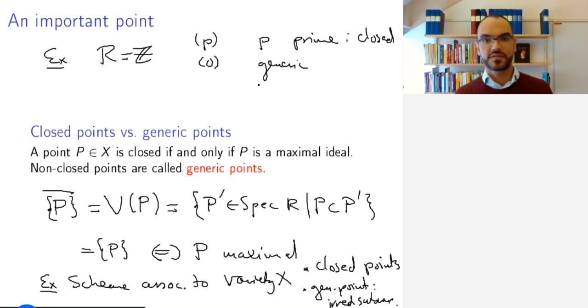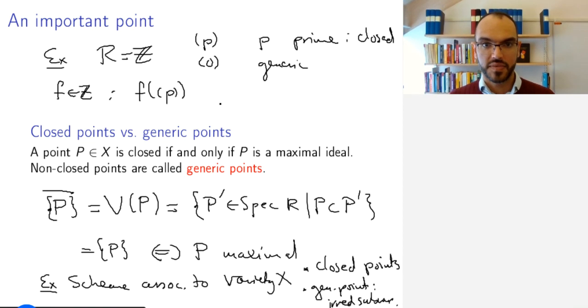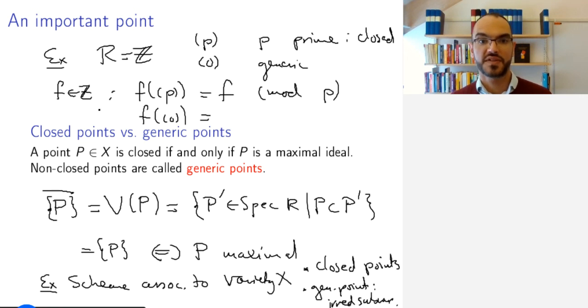And one way to maybe understand this terminology is that if I have an integer f, then evaluating it at the prime p gives me f mod p. But evaluating at 0, now the field of fractions of Z mod 0, this is the field of fractions of Z, which is the rational numbers. So I get f as a rational number.